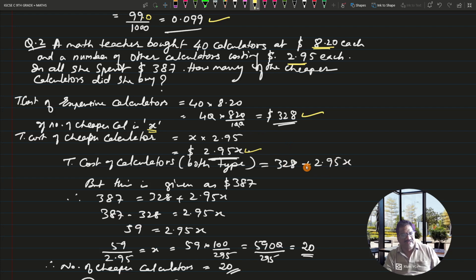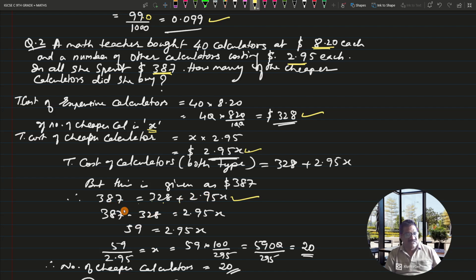If you add this, you should get the total cost, and the total cost spent by the teacher is given as 387. So you get a clear-cut equation: 387 is equal to 328 plus 2.95x. This is a straightforward linear equation in one variable.